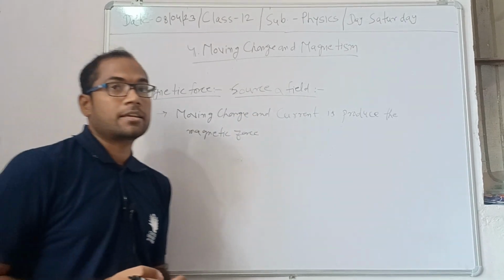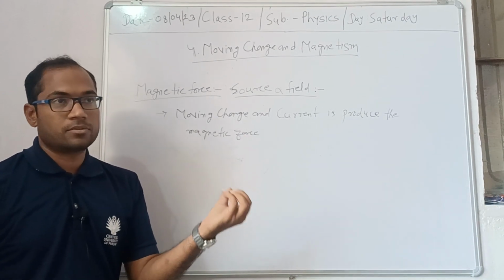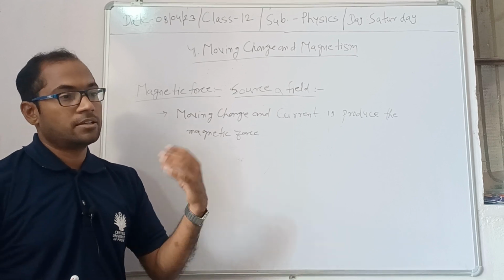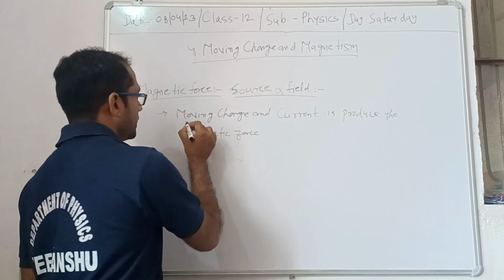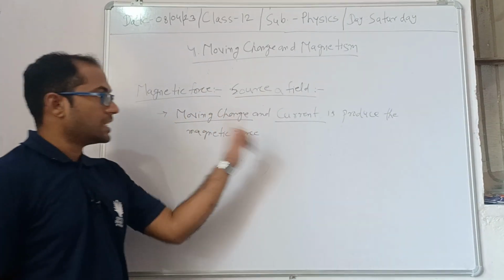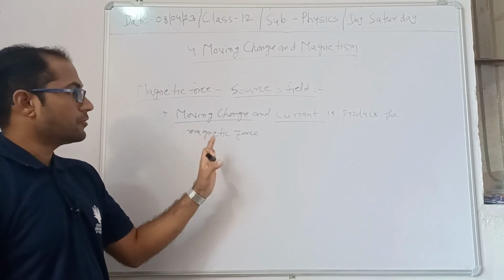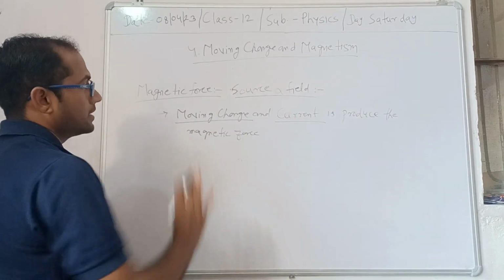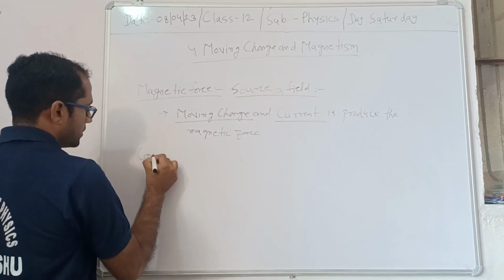Basically, in the case of electric force and electric field, a charge is available, and this charge produces force and electric field. But here we take two things: first is moving charge and second is current. Wherever these two things are established, a magnetic force is produced. So this is finally the source. Then we will discuss the Lorentz force.